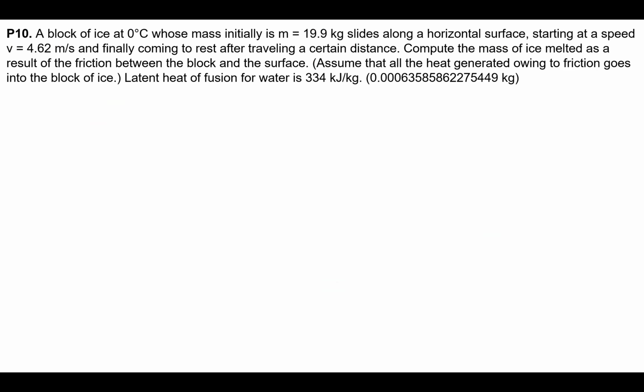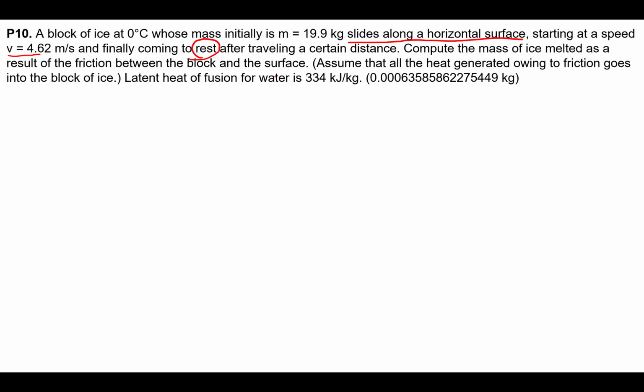Now, a block of ice at 0 degrees, whose mass is given, slides along a horizontal surface, starting at the given initial speed and finally coming to rest after traveling a certain distance. Compute the mass of ice melted as a result of friction between the block and the surface.